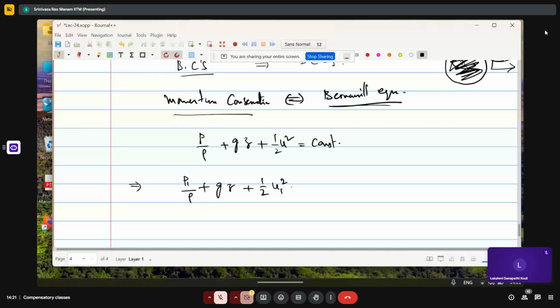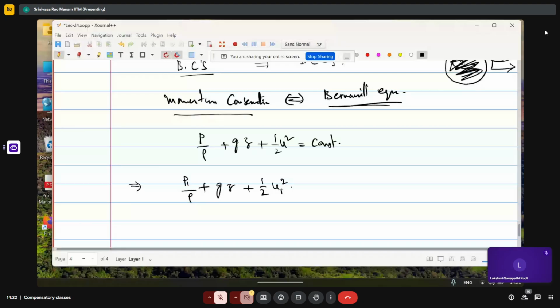Now what I do is consider those two points, P1 and P2. So P1 minus P2 divided by rho equals half U2 squared minus U1 squared.